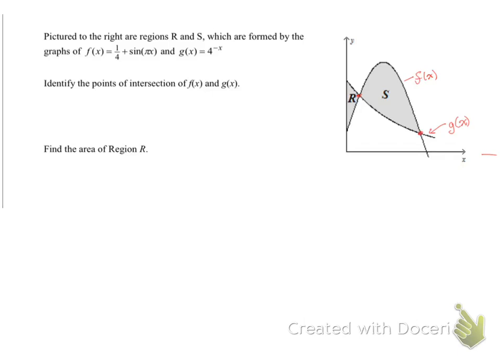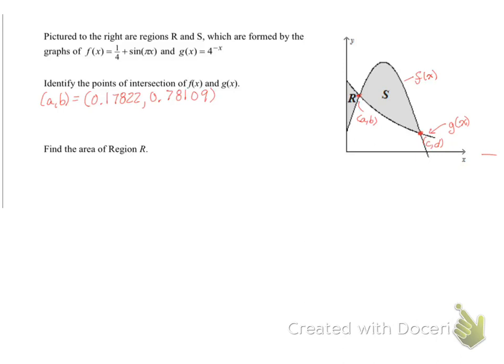Using your calculator's intersection function, let's just say that that is AB and this is CD. The coordinate AB from your calculator is 0.17822 and 0.78109.